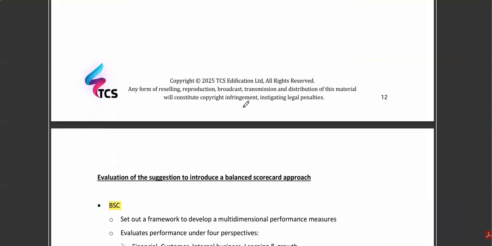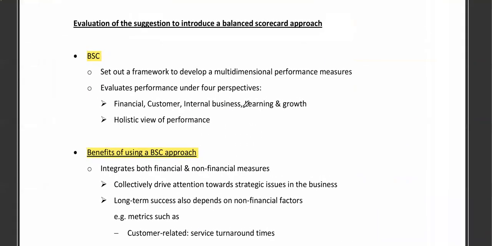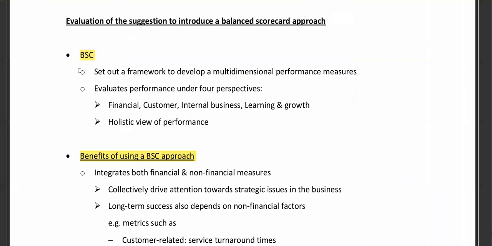Well, I would believe that I've already highlighted a number of advantages, but let's look at the answer structure. You can start by explaining what exactly is a balanced scorecard. So it's a framework, it's a performance measurement framework, which is focused on multi-dimensional performance measures. And specifically, these are financial, customer, internal business, and learning and growth.